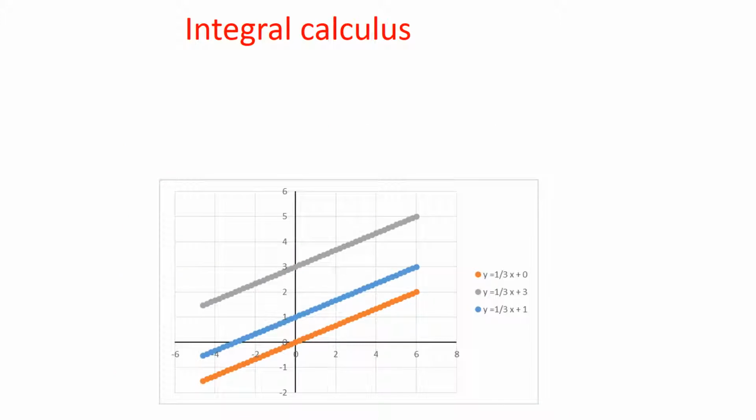It turns out there is an infinite number of equations that satisfy that gradient. These are some of them: y equals 1/3 x plus 0, y equals 1/3 x plus 3. All of these graphs have a gradient of 1/3.